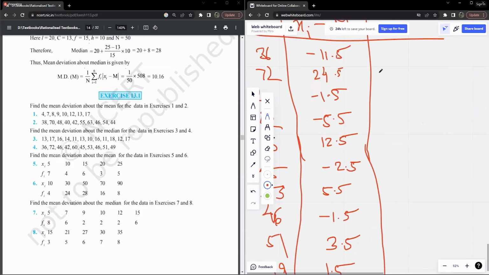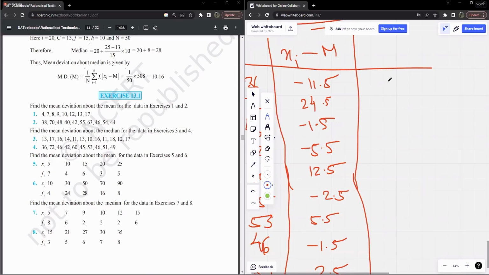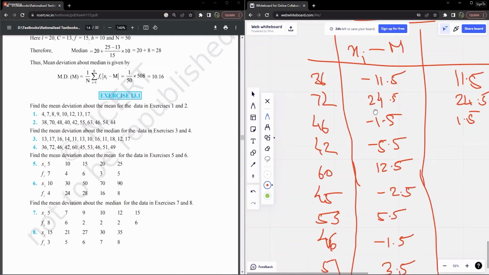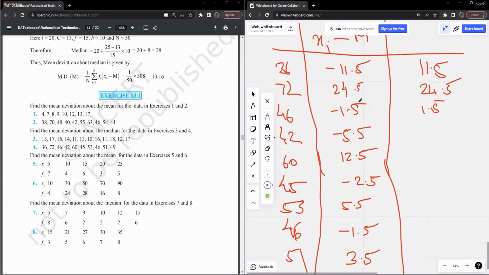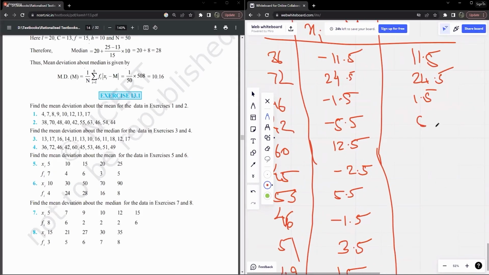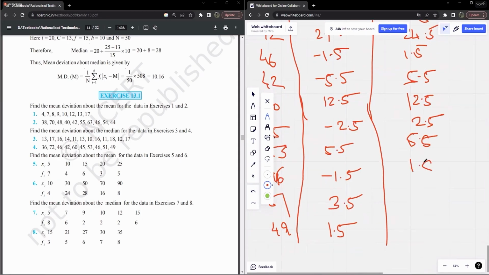Right. So I'm going to have basically 11.5, a 24.5, a 1.5. This is supposed to be 46. Yeah. 46 is a 1.5, 42 is a 5.5. Right. 60 yields me a 12.5. Then I have 45 giving me 2.5, 53 giving me a 5.5, then 46 giving me a 1.5 again, 51 giving me a 3.5, and 49 giving me a 1.5 again.